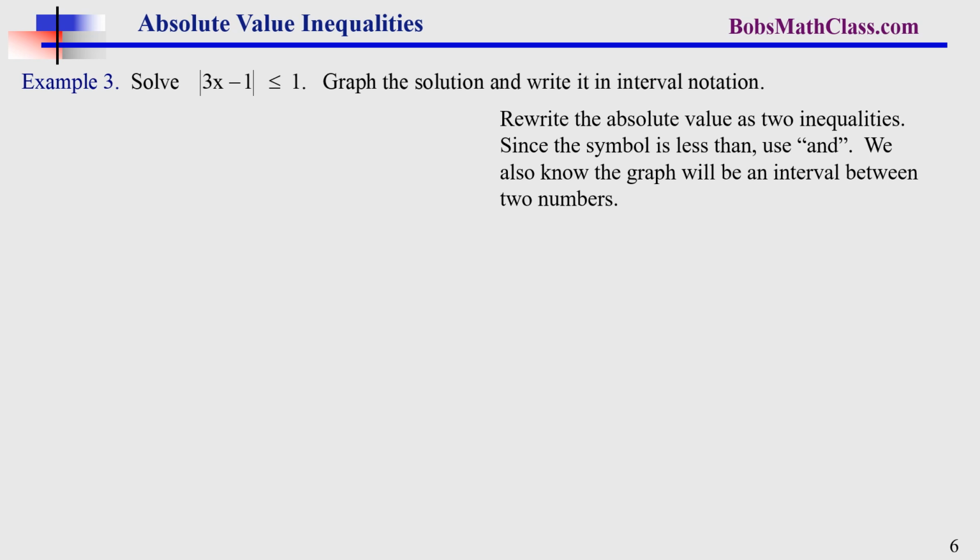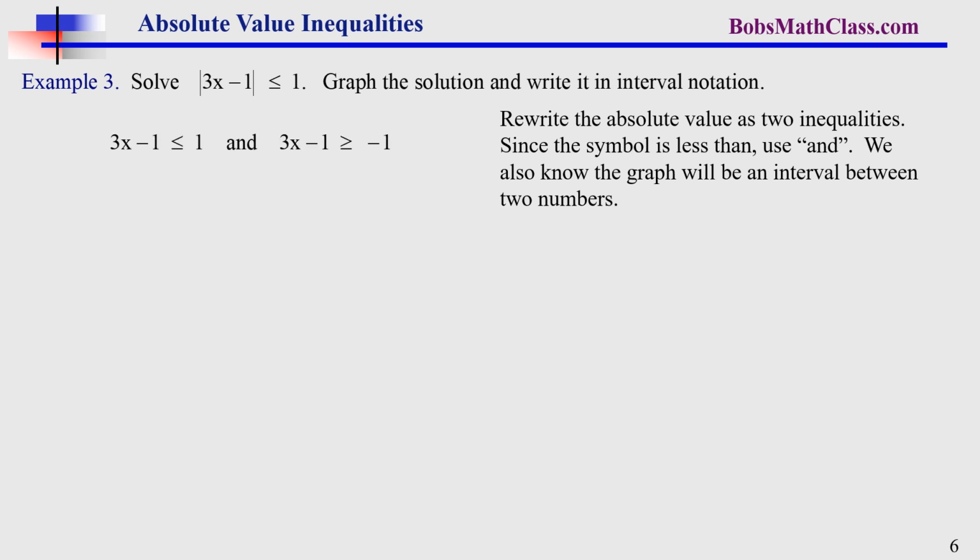So here's a note. We're going to rewrite the absolute value as two inequalities. Since the symbol is a less than, we're going to use and. And we also know that this graph will be an interval between the two numbers. It's always good to know what it should look like before you've even done the steps.